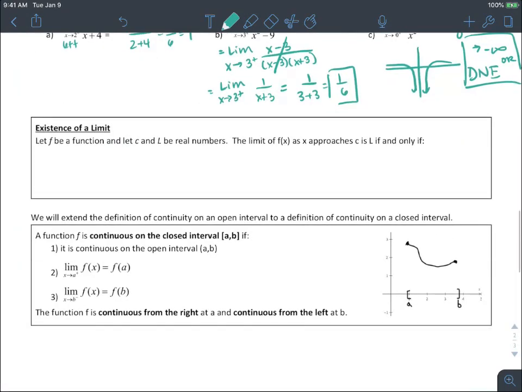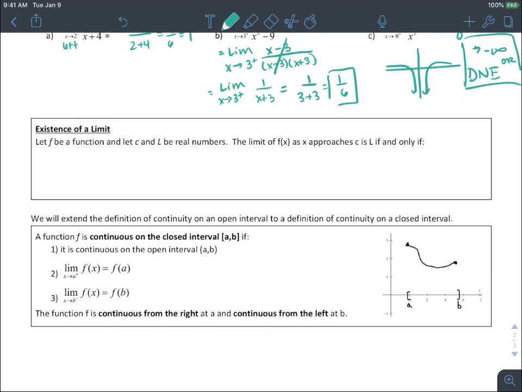So, the existence of a limit. Let f be a function and let c and L be real numbers. The limit of f of x as x approaches c is L if and only if, okay, here's the rule. The limit as x approaches c from the left of f of x has to equal the limit as x approaches c from the right of f of x.